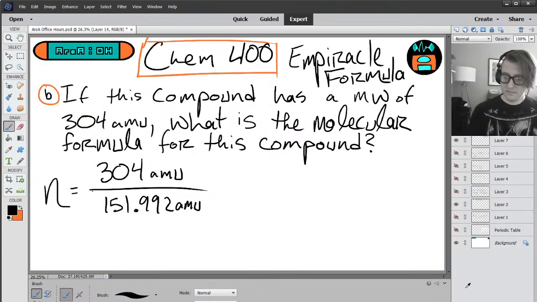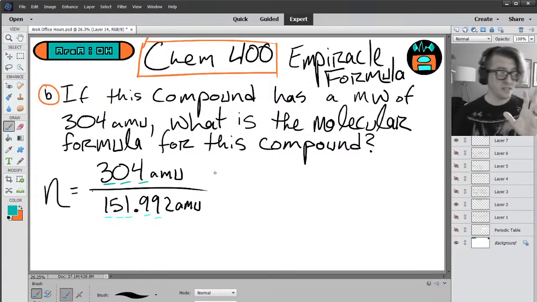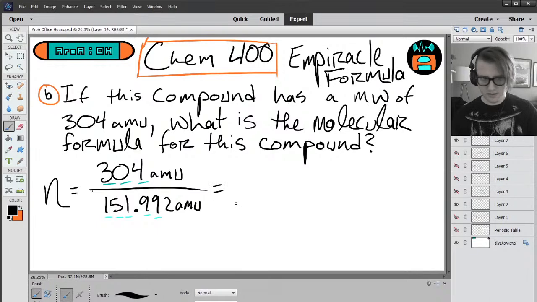I'm leaving my number unrounded, though my denominator only has 5 sig figs. My numerator has 3, so that's going to limit us. Oh, it's a scalar factor. So actually, with this problem, we don't have to worry about sig figs. I'm just in the habit of always taking them into account, which is not a bad habit to be in for this class.